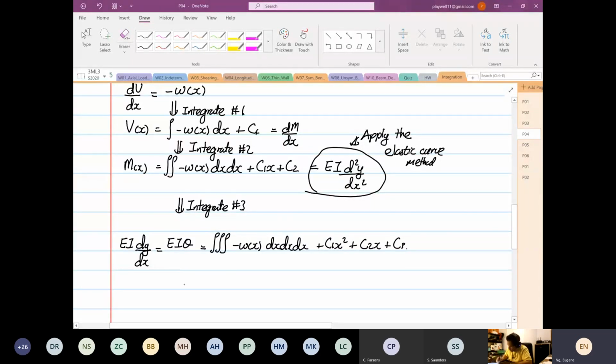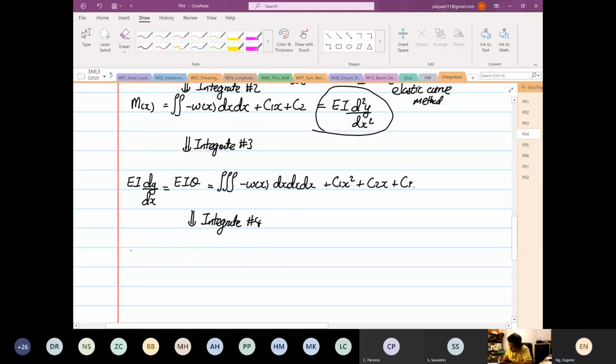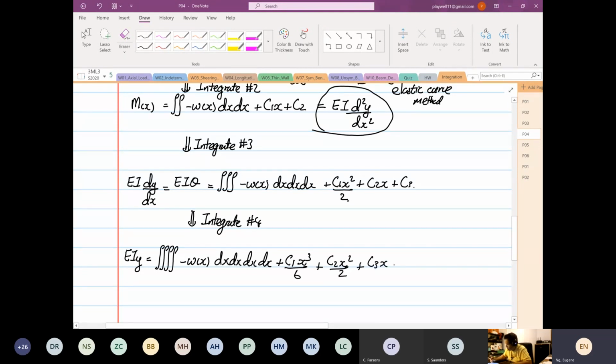And then the fourth time you integrate, EI y is equal to minus the integral of omega as a function of x, 1, 2, 3, 4, plus c1x cubed over 6 plus c2x squared over 2 plus c3x plus c4.